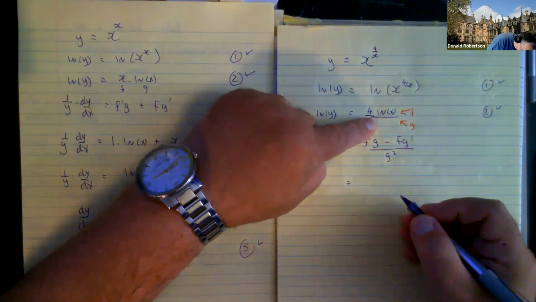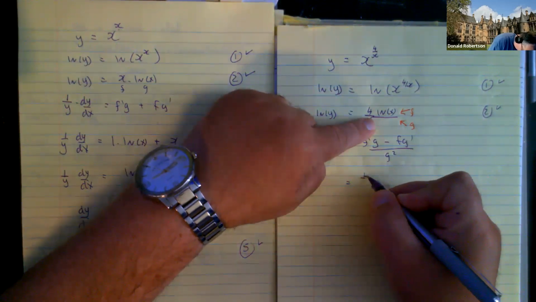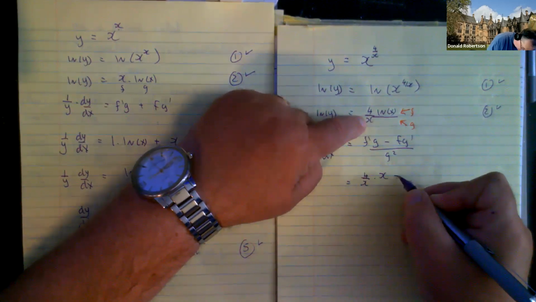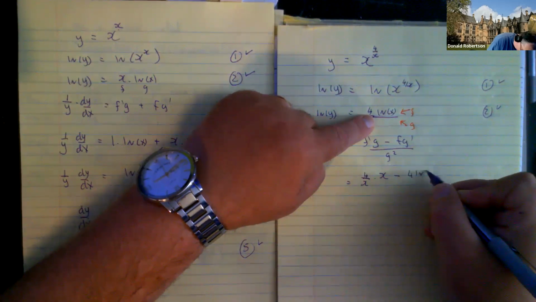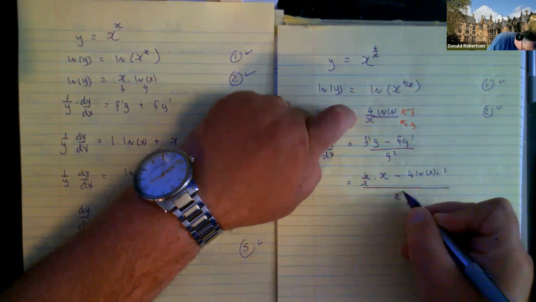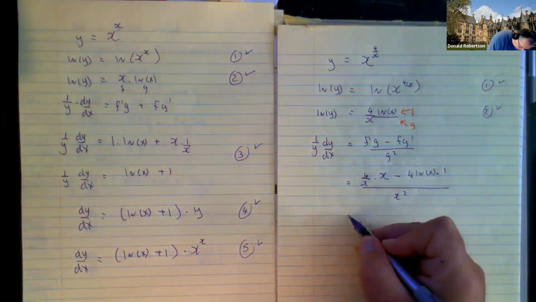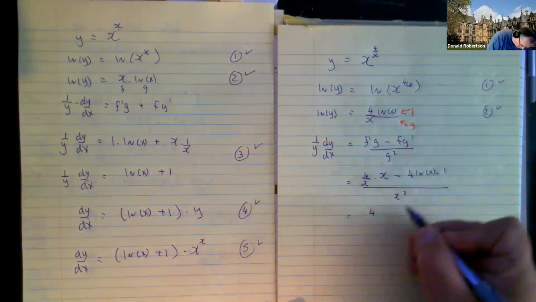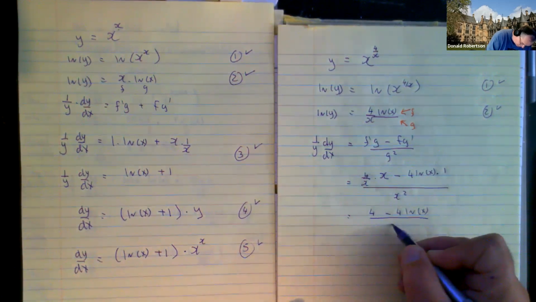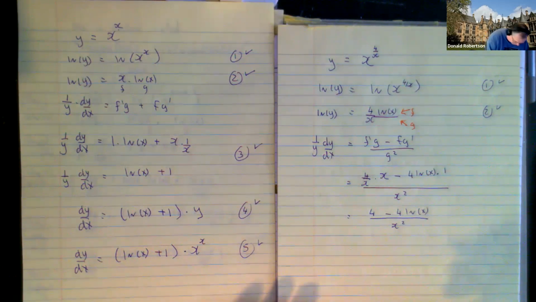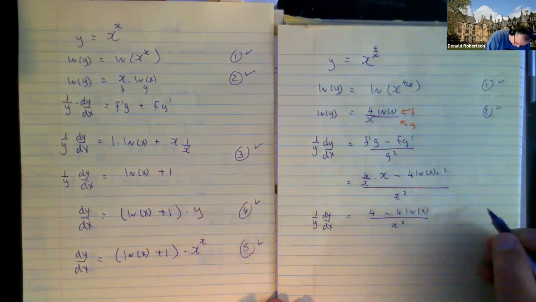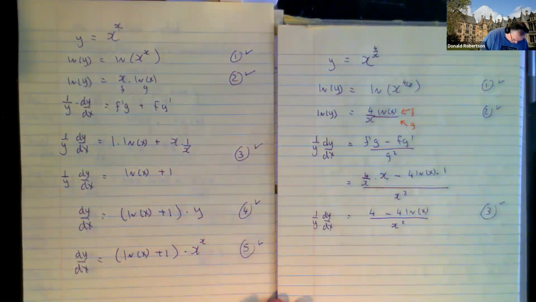If you differentiate 4 log x, you get 4 over x times, leave that guy alone, take away this guy times 1, all over x squared. That guy gets me 4, that guy gets me 4 natural log of x, all over x squared. So I've differentiated. Check.